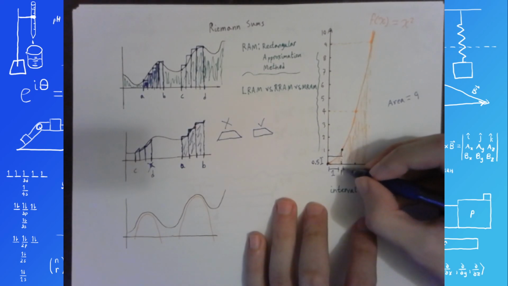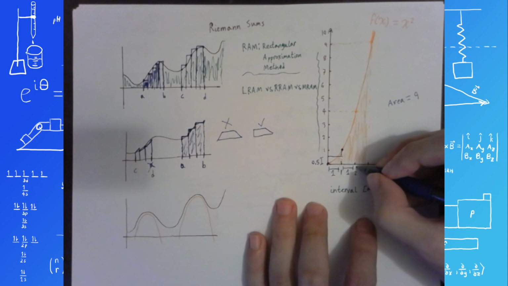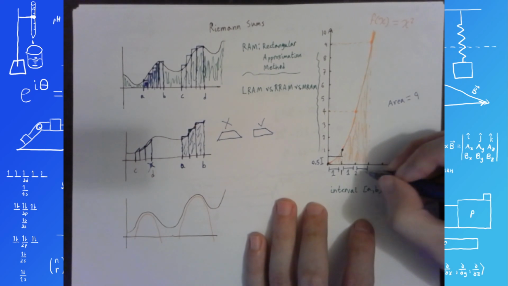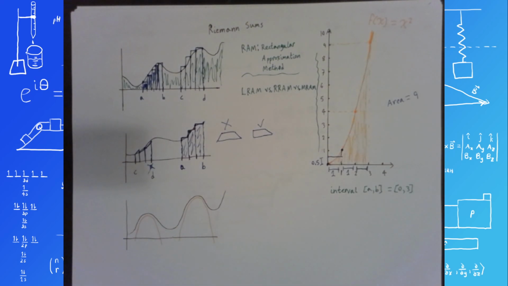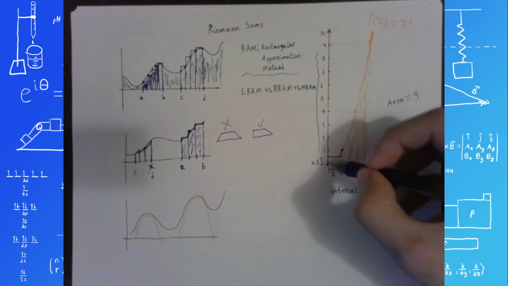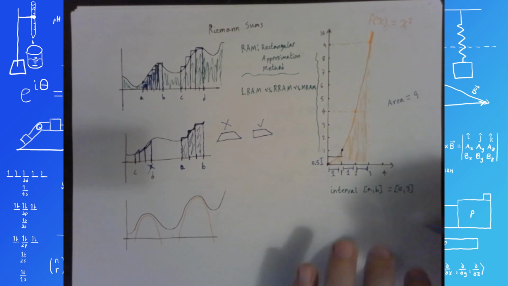All of my rectangles are going to have a width of 1 because that's just how I chose for it to be. You can vary the widths of your rectangles if you want to, but traditionally you are better off just keeping them the same width because it allows you to factor out the width of the rectangles and multiply by the sum of the heights of your rectangles.